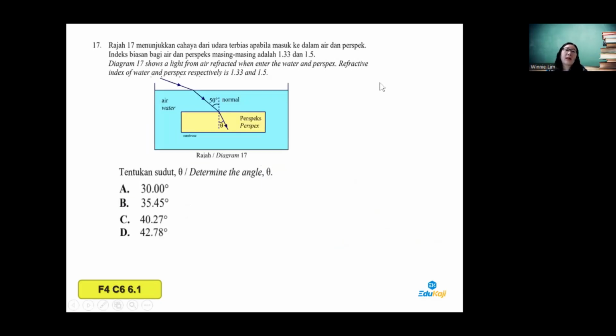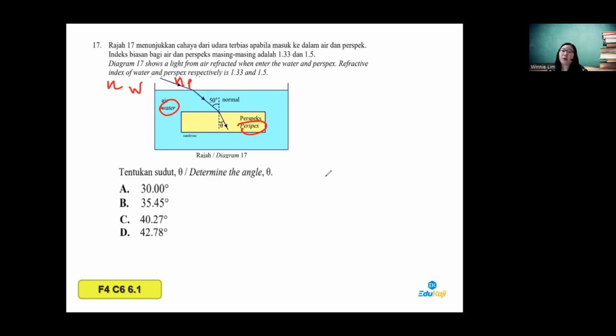Number 17, diagram 17 shows light from air refracting when entering water and also perspex. Then they give you the refractive index for water and perspex, respectively, which is 1.33 and 1.5. So they want you to get the angle theta. As you all know, now we are not going from air to another denser medium, we are going from water to perspex. So there are two different media.